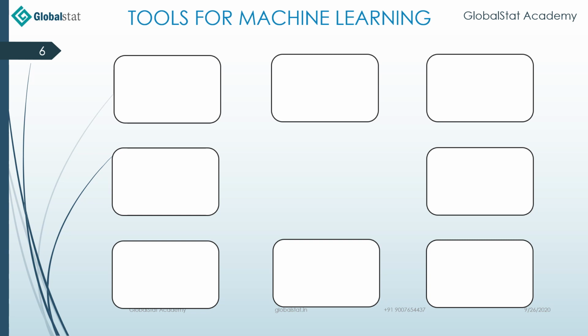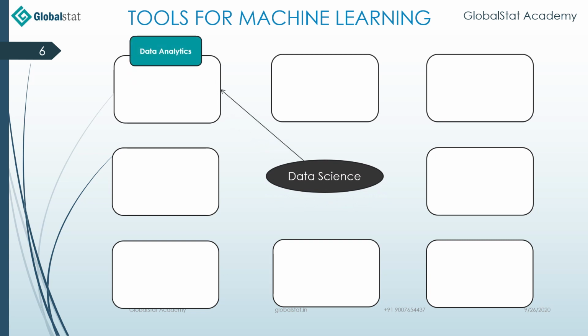We are going to talk about the tools required for machine learning. First is data analytics. Data analytics requires feature engineering, data wrangling, exploratory data analysis. Next is the programming part.